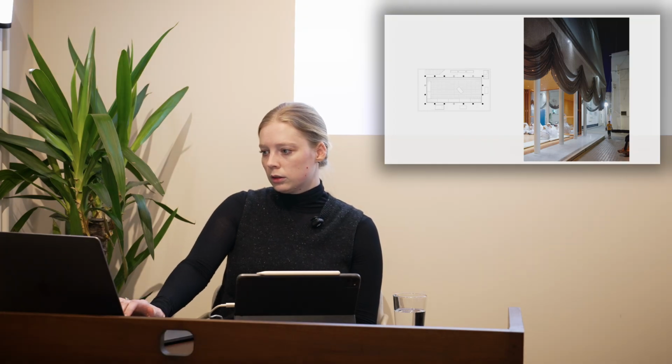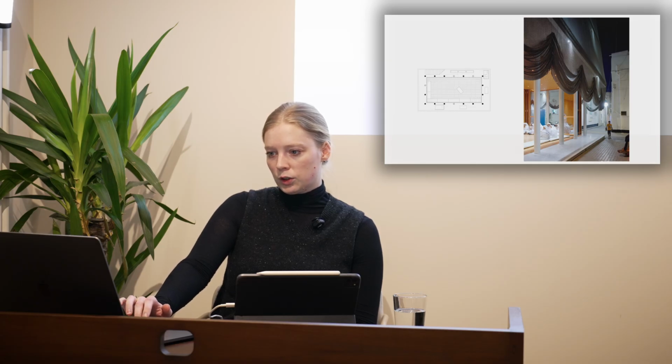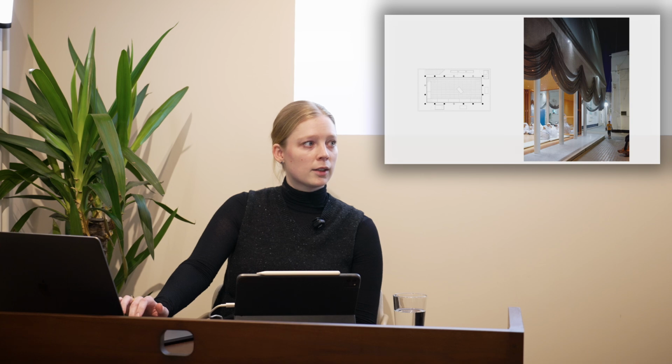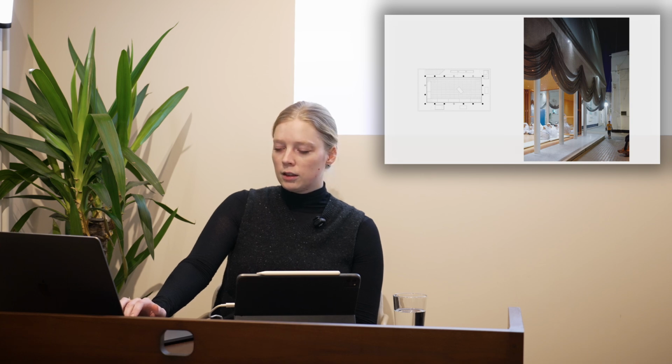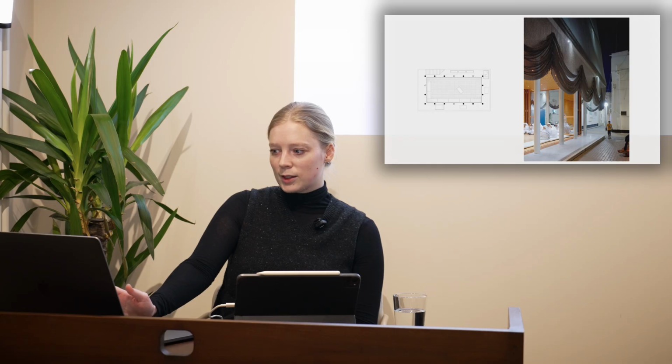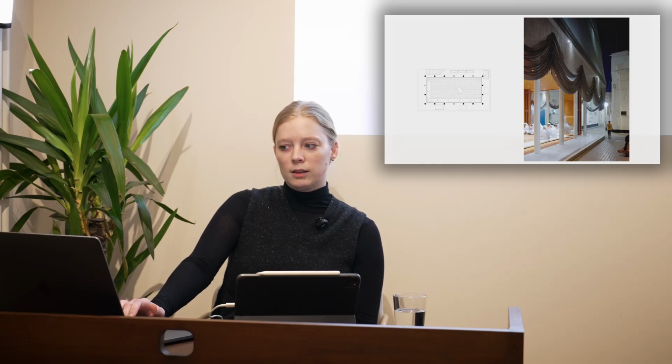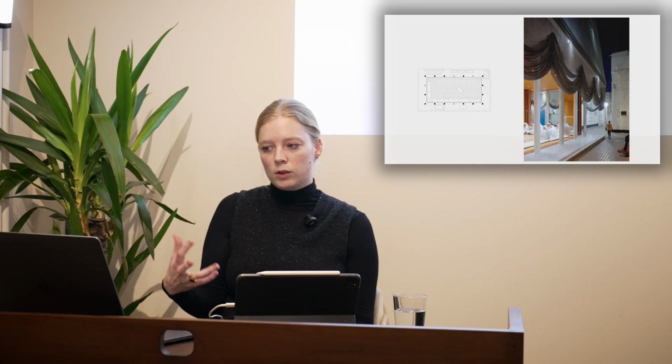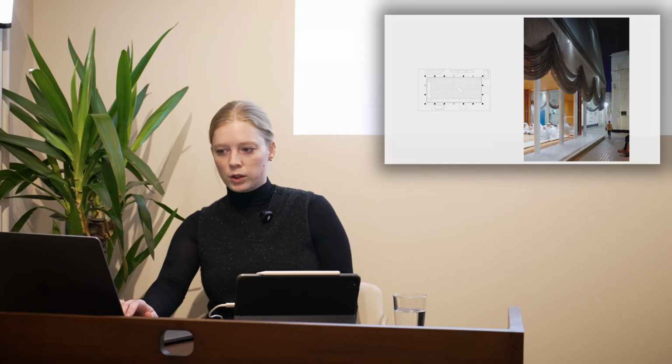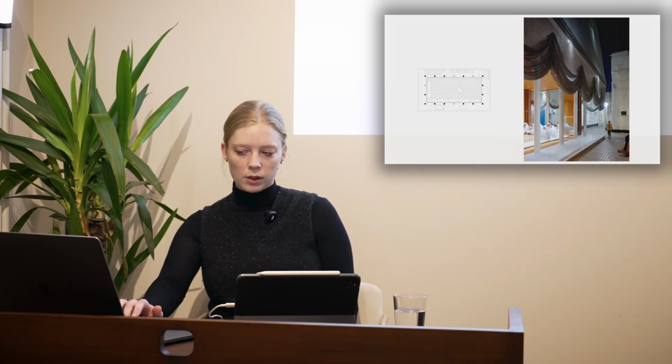Similarly, in plan, there's just a very simple dashed line that goes all the way around that does technically indicate where this curtain is, but we don't really understand that to be a part of the space. It's much harder to understand than the columns that we see here.